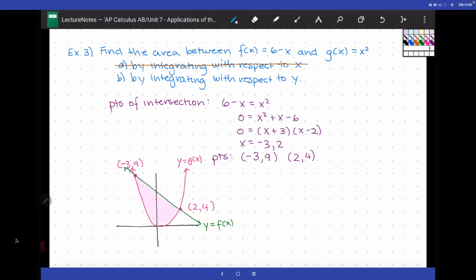So, just like we did before on that other picture, we are going to have to consider this area in two pieces. I'm going to split the area right there at that horizontal line at y equals 4.